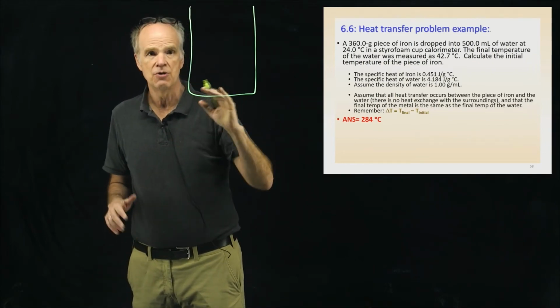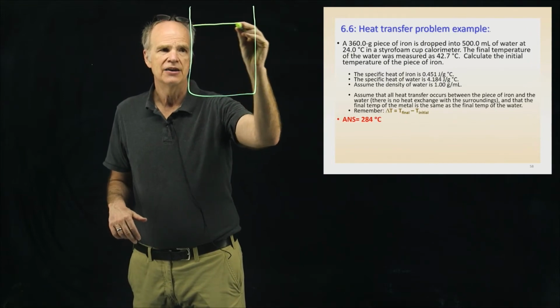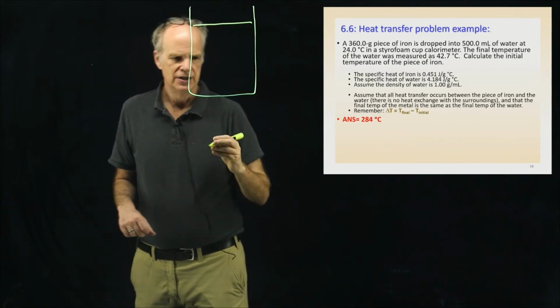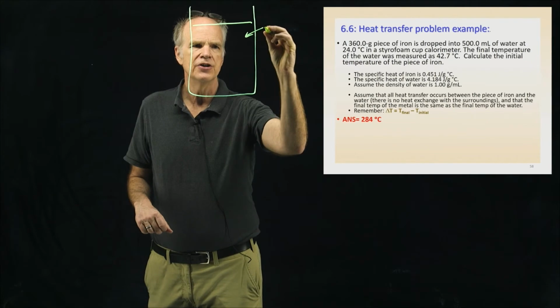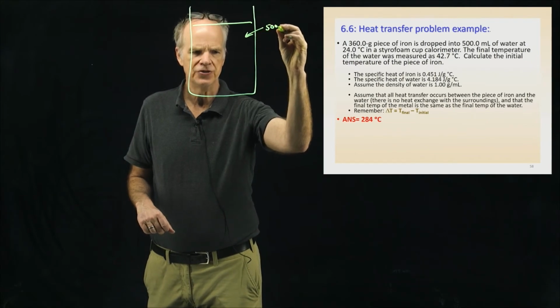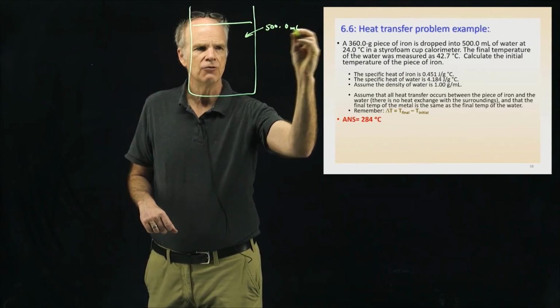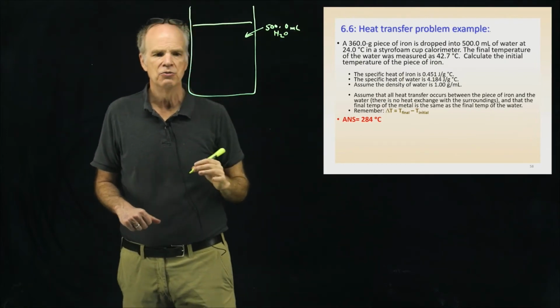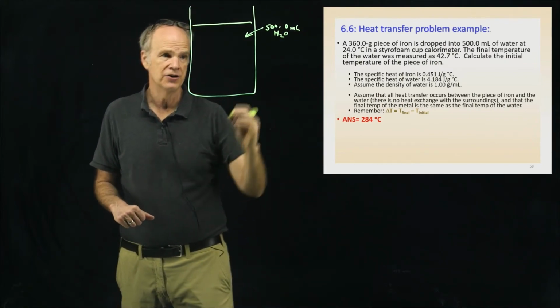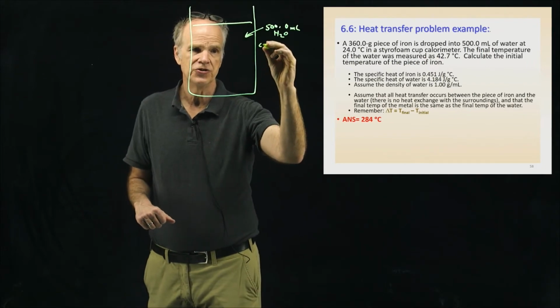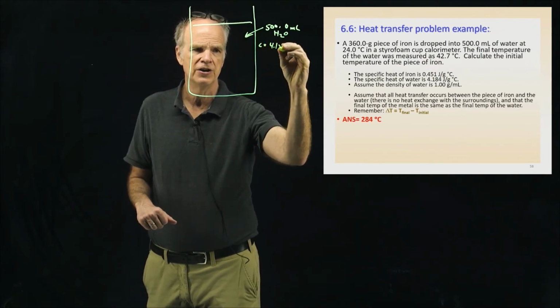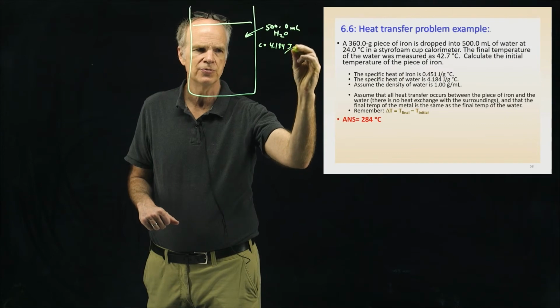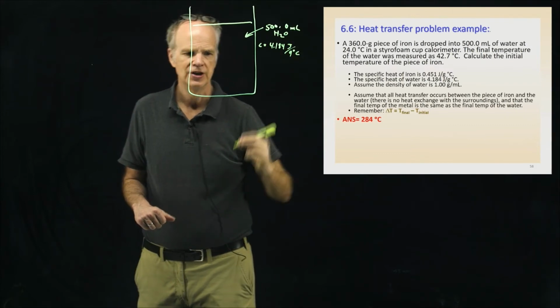Imagine there is some water in it, and let me note here that there are 500 milliliters of water. We also know the specific heat of the water, so C is 4.184 joules per gram degrees Celsius.